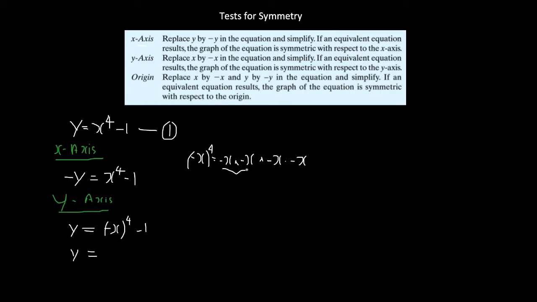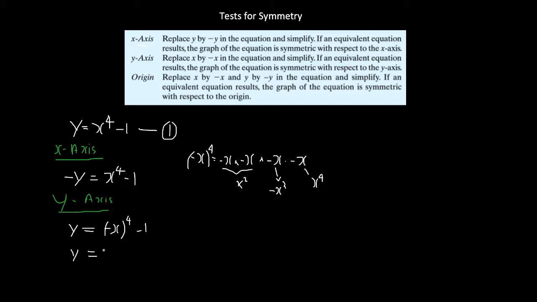So, negative x times negative x is x to the power 2. It's positive, since negative times negative is positive. Then, x to the power 2 times negative x becomes negative again, x to the power 3. Now, negative x to the power 3 times negative x: negative, negative, positive. Therefore, we have x to the power 4.